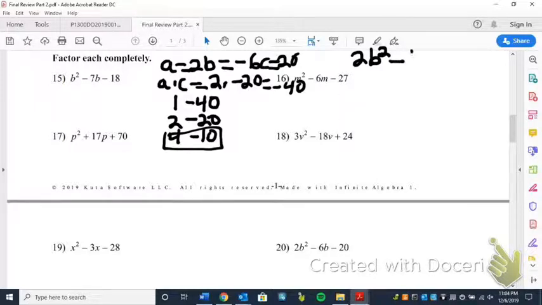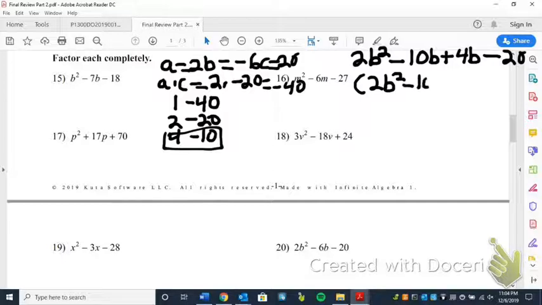So we had 2b squared minus 10b plus 4b minus 20. Group. 2b squared minus 10b gets grouped together. Then we group together 4b and negative 20. And then we go about finding the greatest common factor of each.